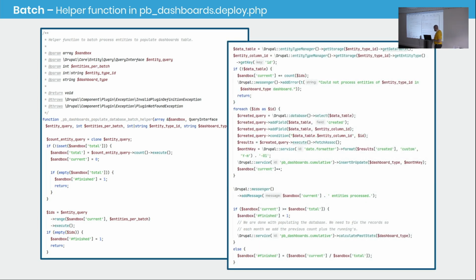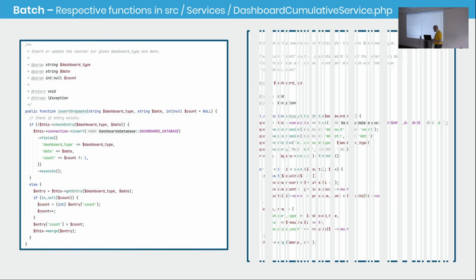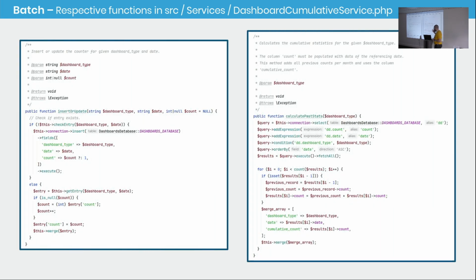Several calculations and queries to the database. The two functions that were most important, the one was the insert or update, which updated or inserted the respective data in our table, and then there was the calculation of the past statistics for each specific type that we had.